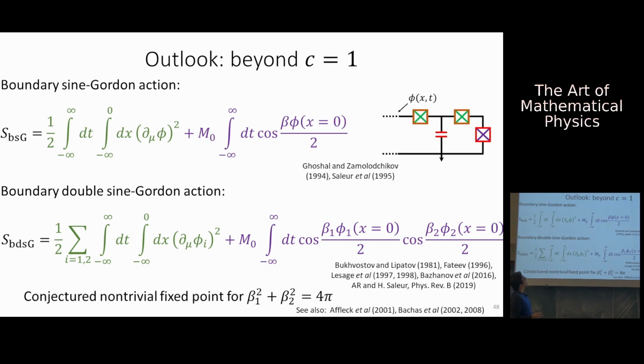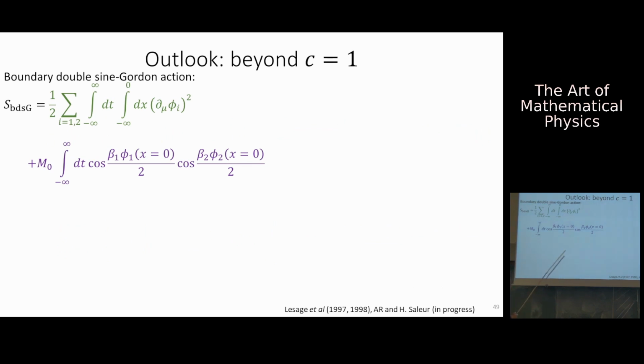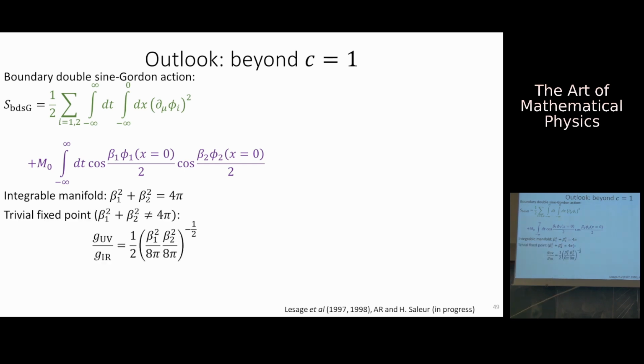And so the prediction that Hubert had worked out in these years was that there is this one specific manifold, which is when the squares of the couplings add up to 4 pi, and on this specific manifold, the ratio of the g functions in the UV and the IR are different. So this is the so-called trivial fixed point, when the squares of the couplings do not sum up to 4 pi.